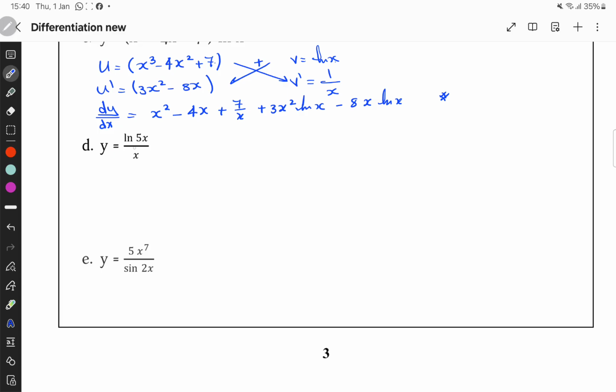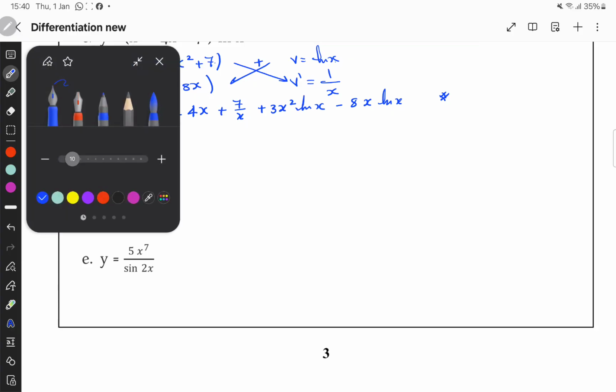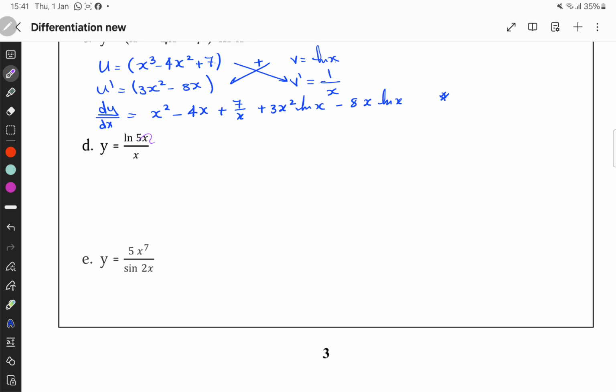Here I have y equal ln 5x divided by x, so that is the quotient rule. Why is it the quotient rule? Because it's a division of two different functions, each in terms of x. So we name the numerator as u and the denominator as v. As I said before, in the quotient rule you must start from the denominator.